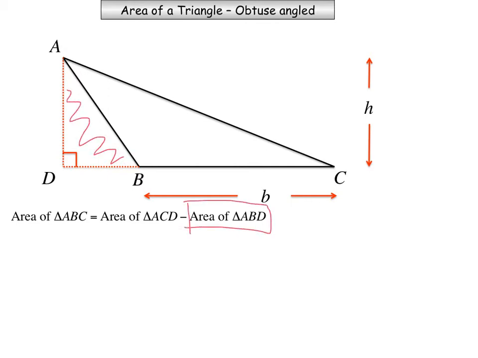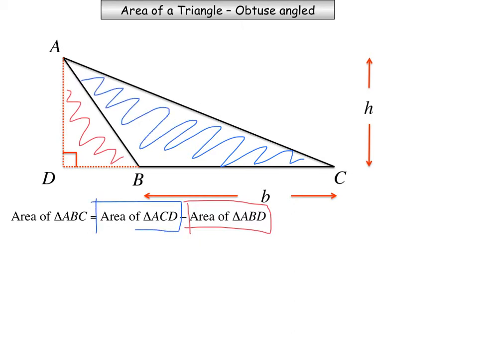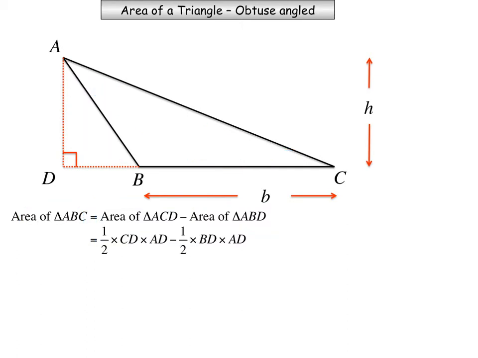And if we remove that triangle away from the large triangle, we'll end up with the area that we want. That area here, ABC.